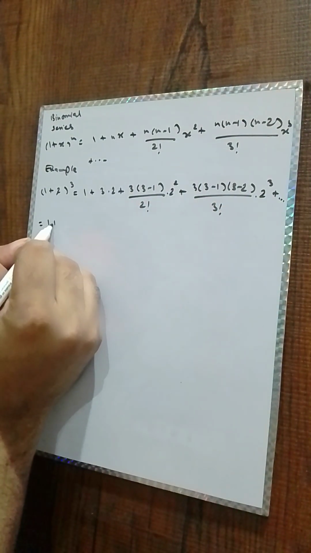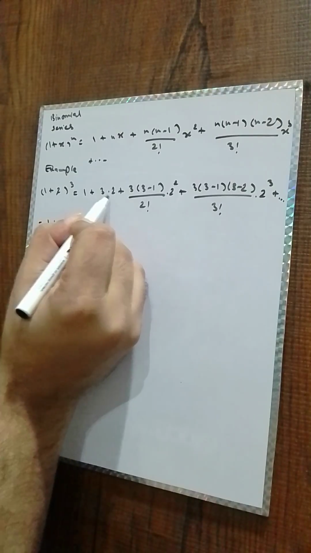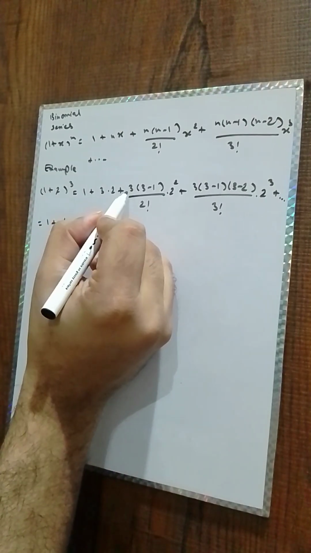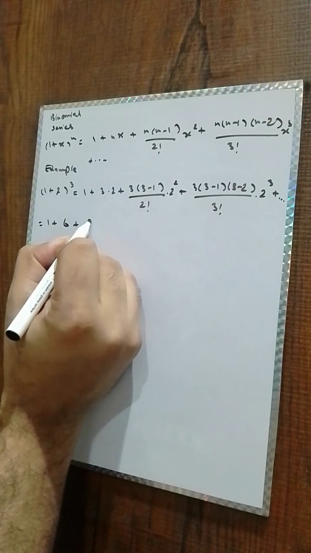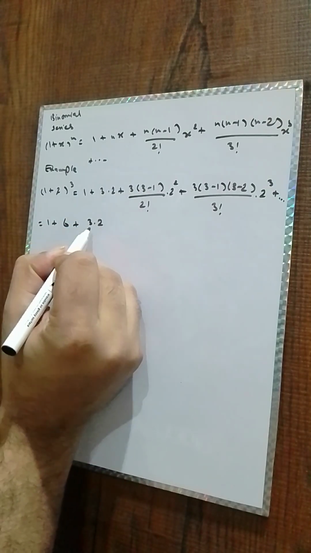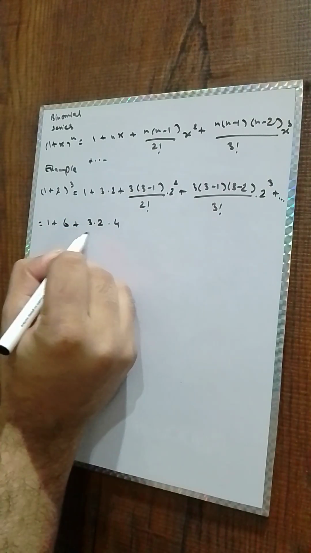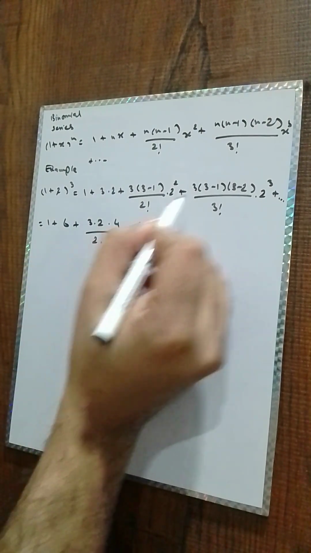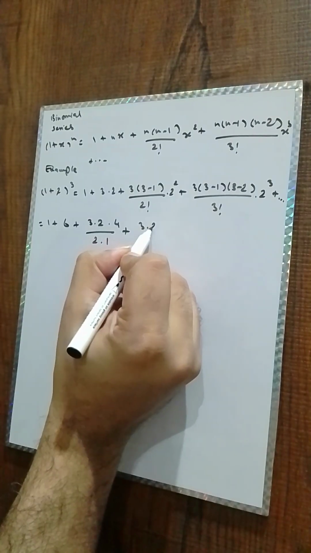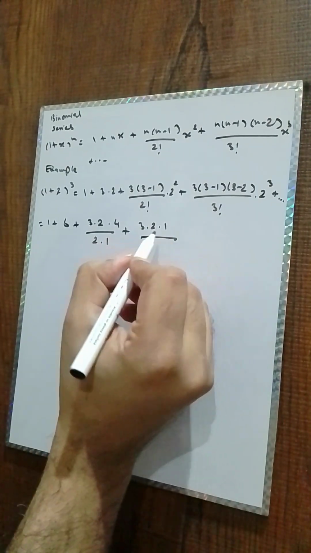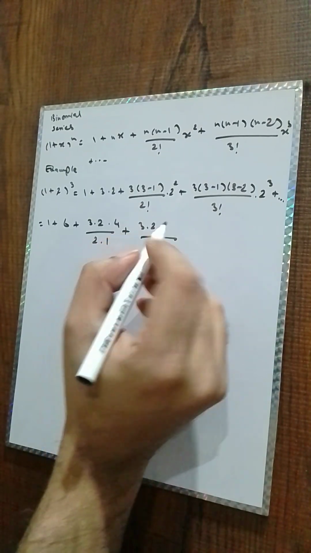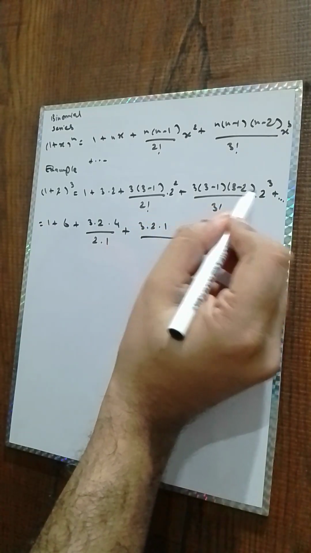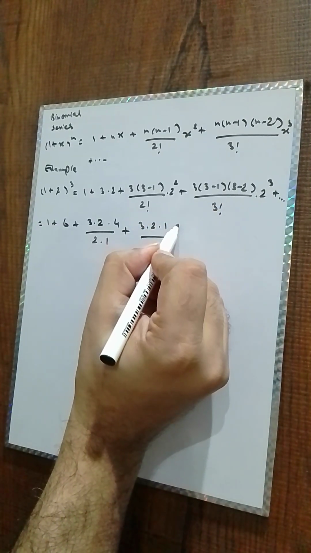So this will be 1 plus 6 plus 3 into 2 dot 4 by 2 dot 1 plus 3 dot 2 dot 1 by 3 dot 2 dot 1 dot 8.